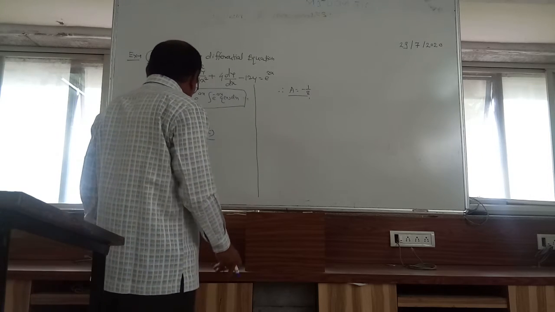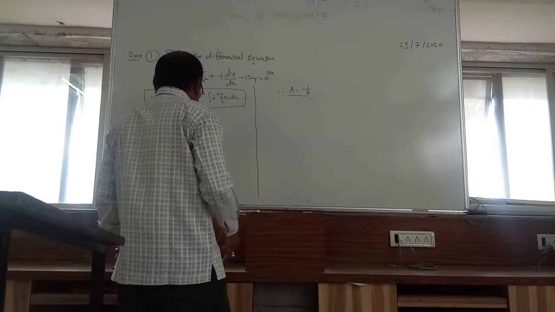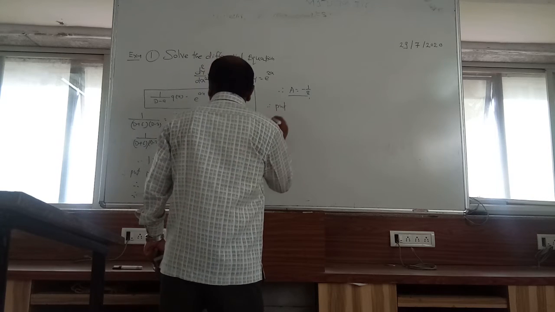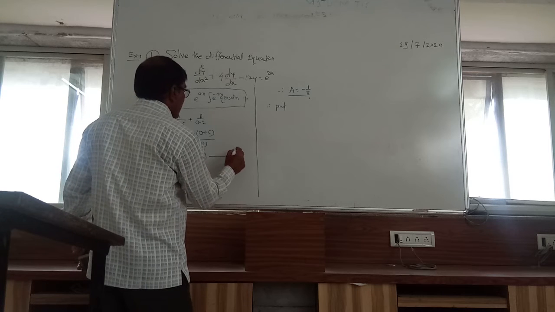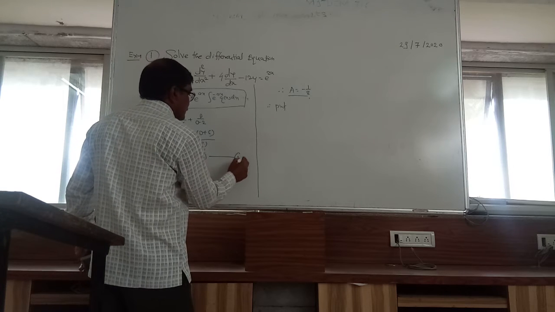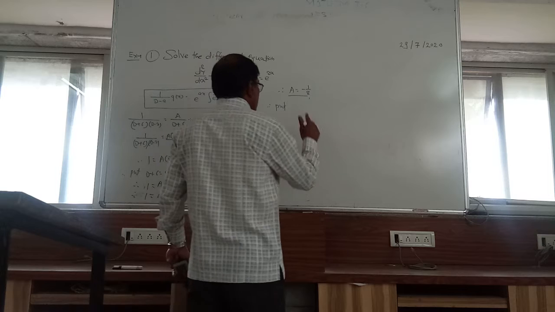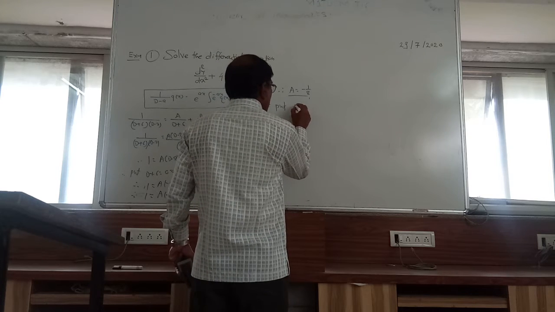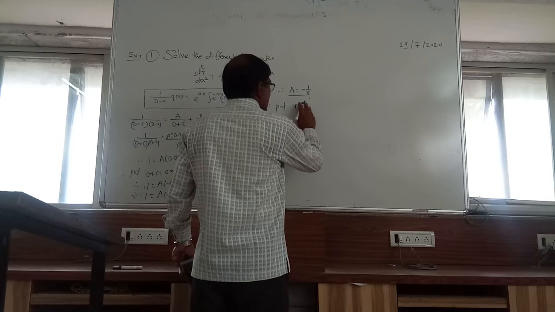Similarly, we have to find the value of B here. So again, in equation 1, we put d minus 2 is equal to 0.